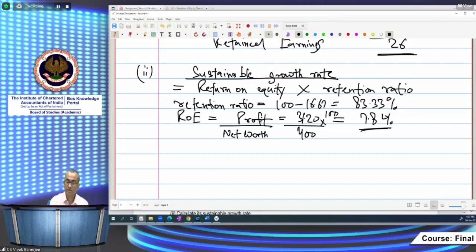Now apply the figures into the formula. Sustainable growth rate G is equal to return on equity, that is 7.8%, multiplied by the retention ratio, which is 83.33%.